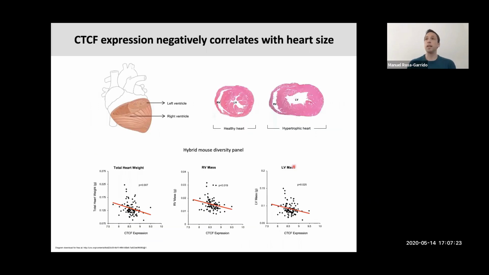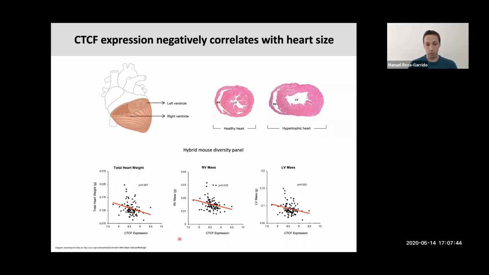When we looked for a correlation between CTCF level and heart size, we found a negative correlation between CTCF expression and heart size, which you can see in this panel. Each of these dots represents one of the mouse strains I mentioned before.